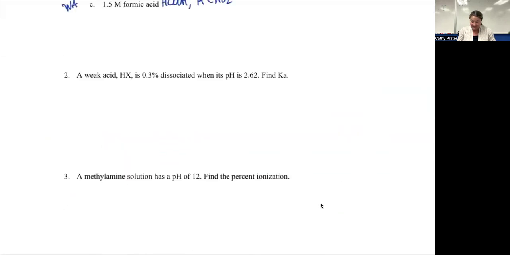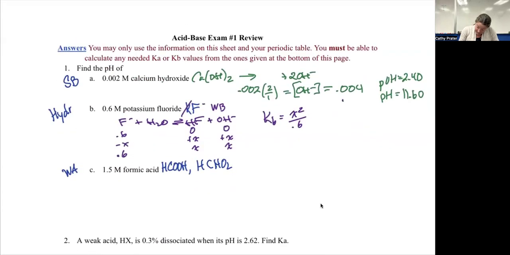So 6.6 times 10 to the negative fourth. So Ka times Kb equals 1 times 10 to the negative 14th. Ka is 6.6 times 10 to the negative, I think it was fourth. So that times Kb equals 1 times 10 to the negative 14th.